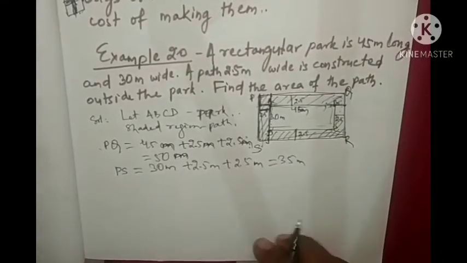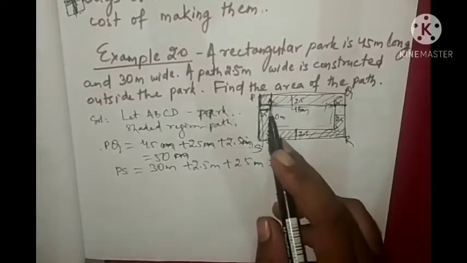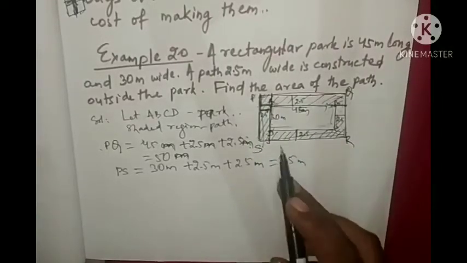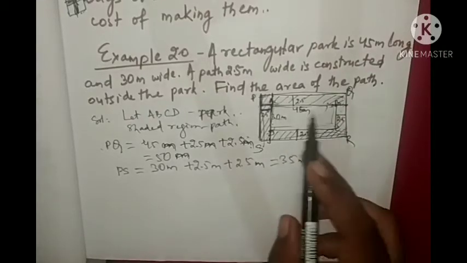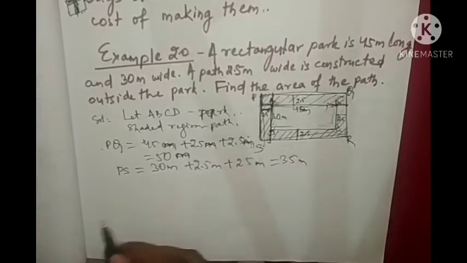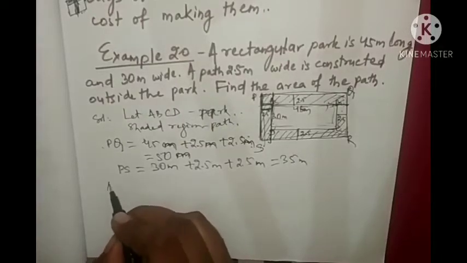So now you have PQ and PS, the length and breadth of that bigger rectangle, and you already have the length and breadth of the smaller rectangle, the park. Now find out the area of the rectangle.